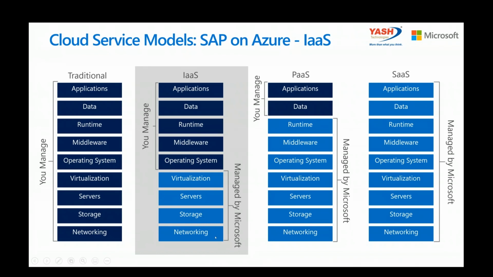So Microsoft takes care of the underlying networking connectivity all the way up to the virtualization layer. From the customer's perspective, you would have to manage the OS up to the applications, which in this case would be SAP. In some situations, customers can choose to outsource the management of this portion to a partner such as YASH Technologies. And Microsoft enables that through our cloud solution provider program, which YASH is a part of today.